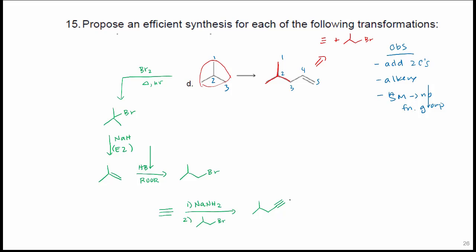All right, and then I need to get from that alkyne to this alkene. Then you can use whatever reducing reagent you want. So if you want to use the NaNH3, you can use that one. And then H2 Lindlar would also work in that case.